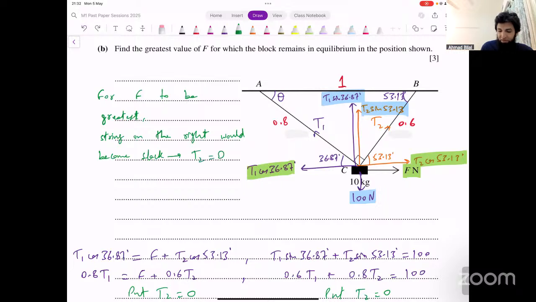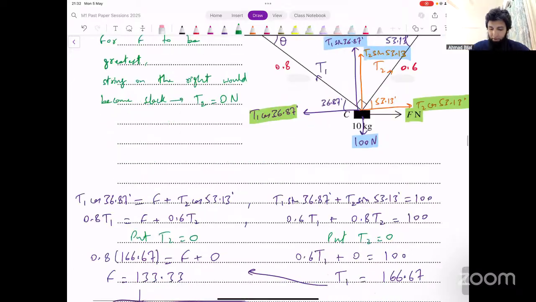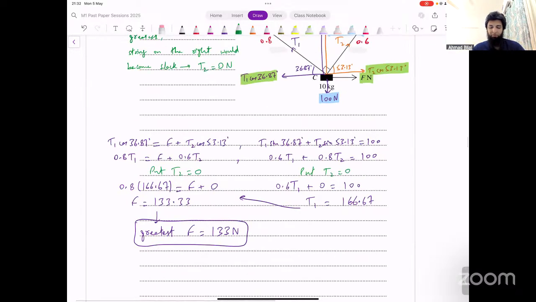Okay, so the right string becomes slack. For that reason, we put the second tension equal to 0 Newton. All right, that gives us the greatest possible value of F. That's what we were looking for.